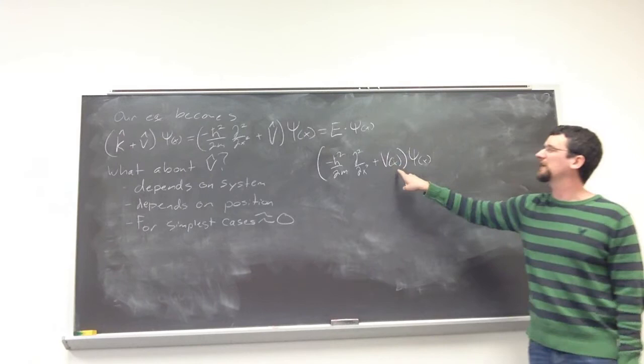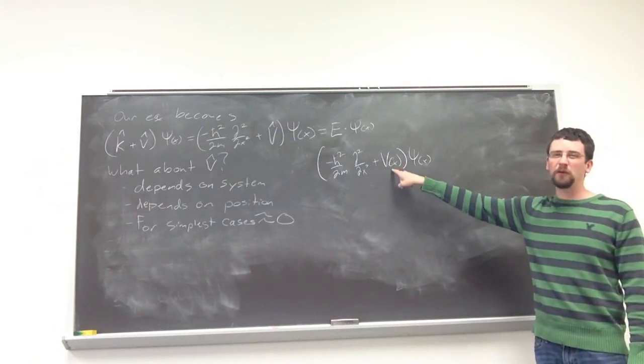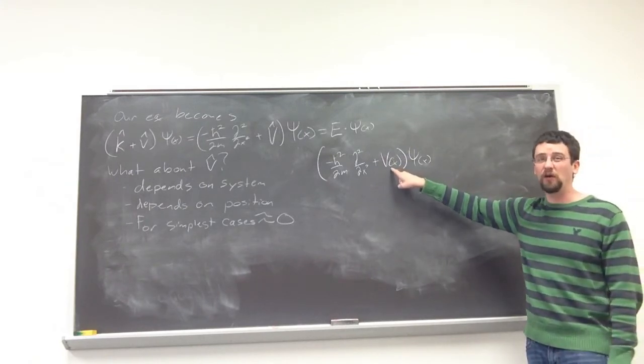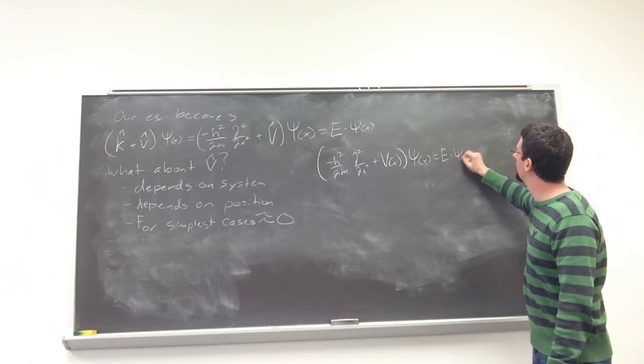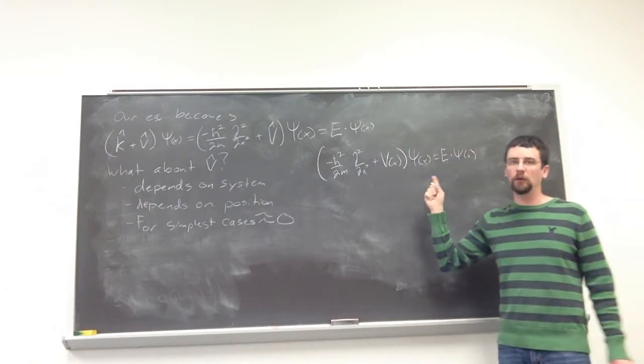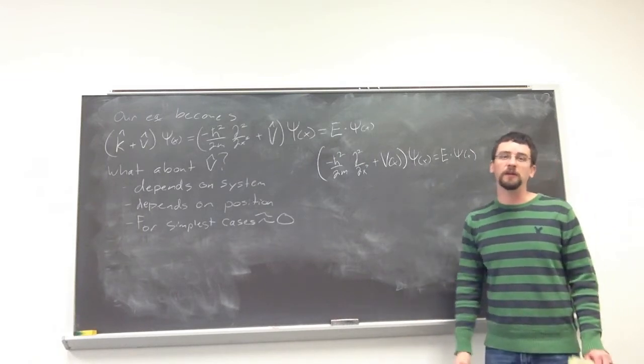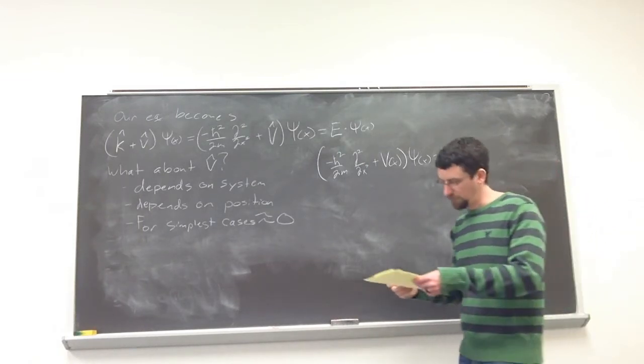We lost the hat here. Now we're going to say that the potential is just a function of the position. And we get this. So this is the time-independent Schrodinger equation that we're going to look at.